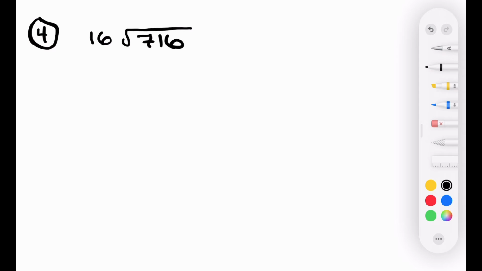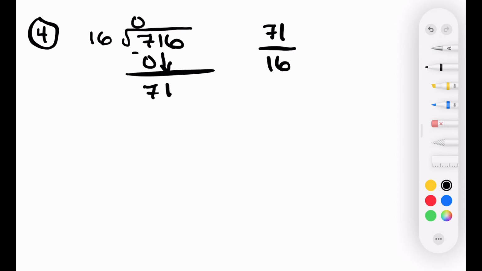We say 7 divided by 16, that's less than 1, so we get a 0 for our first digit. We're going to subtract, so 7 minus 0 is just 7. Then we drop our 1. And then now we need to go 71 divided by 16. Well, that's just going to give us 4.43.